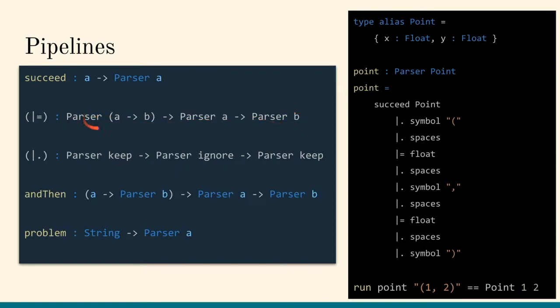So what's the first parser? It's parser point. And the second something is a parser float. What's here? We have float. And we pass that to that function.